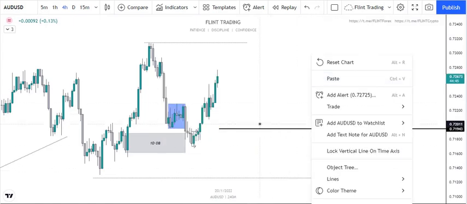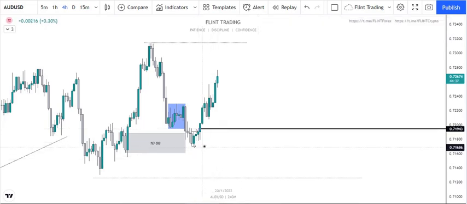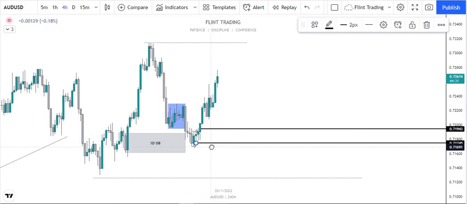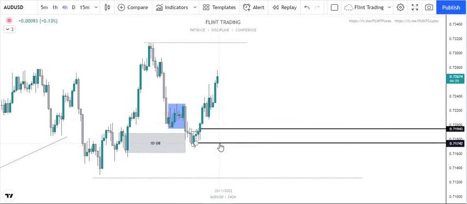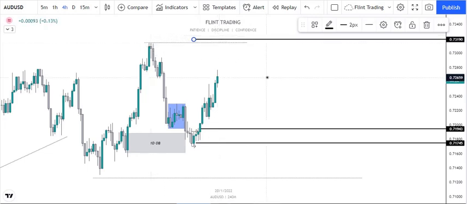This was my entry. Okay, it was maybe a bit late, and my SL was around here, I guess, and I was aiming for here, till the liquidity upside.